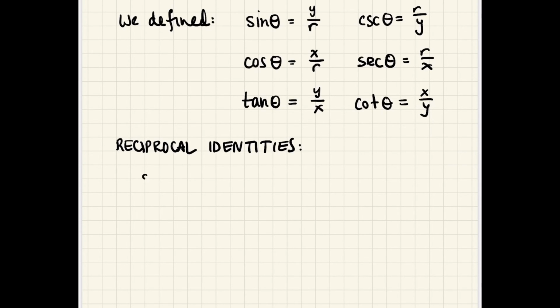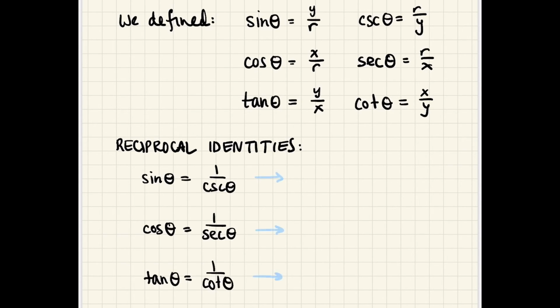So we could say that sine of theta is 1 over cosecant of theta. And cosine of theta is 1 over secant of theta. And tangent of theta is 1 over cotangent of theta. We could also see that cosecant of theta is 1 over sine of theta.